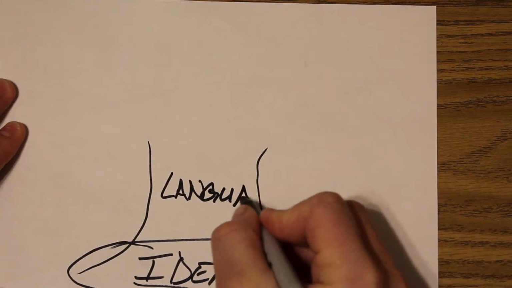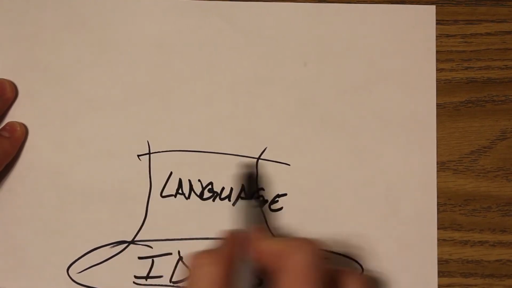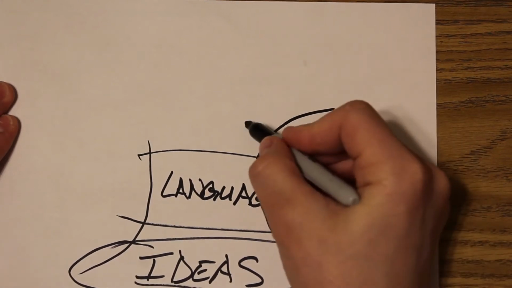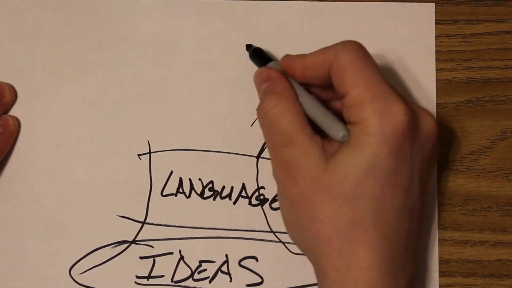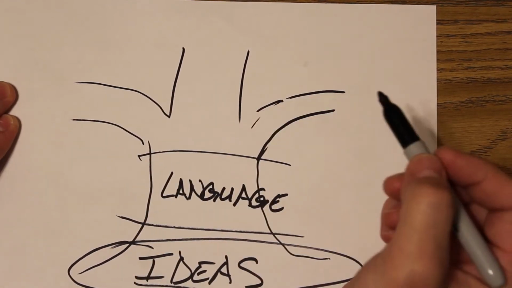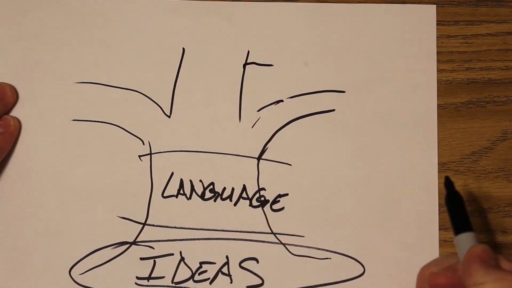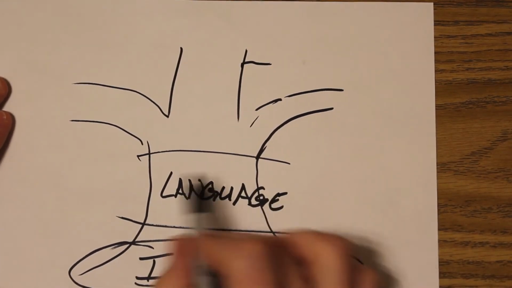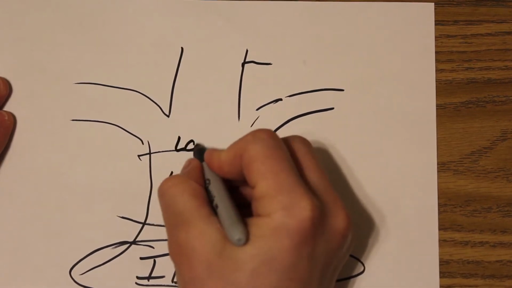Then you have language, which is your way of describing these ideas. Language is like this trunk, the solid chunk of the tree where you're trying to describe. So in order to then go to these further branches, this language needs to be as rigorous as possible. So the most rigorous, the strongest formalized language we have is logic.